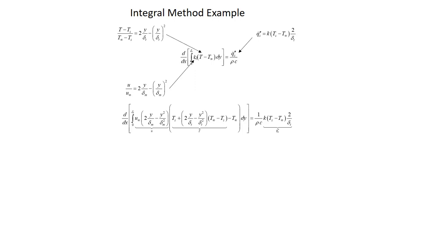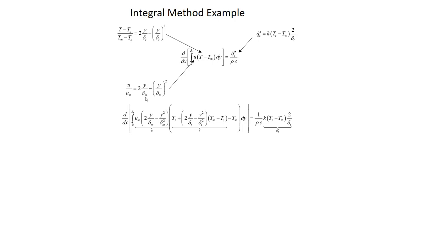So the functional form of U as a function of y that I put in here needs to be valid all the way from the surface to the outer edge of the thermal boundary layer. And the functional form that I did put in here is valid from the surface, but only to the outer edge of the momentum boundary layer, right?